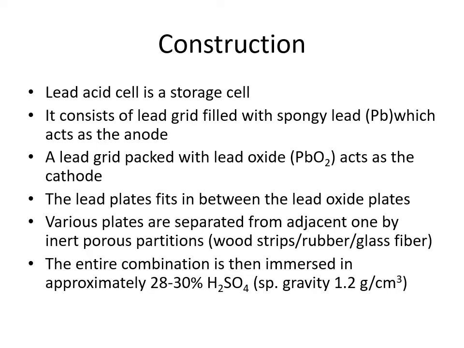Various plates are separated from adjacent ones by inert porous partitions. Examples: wood strips, rubber, glass fiber, etc. The entire combination is then immersed in approximately 28 to 30% H2SO4 having specific gravity 1.2 gram per cm cube.